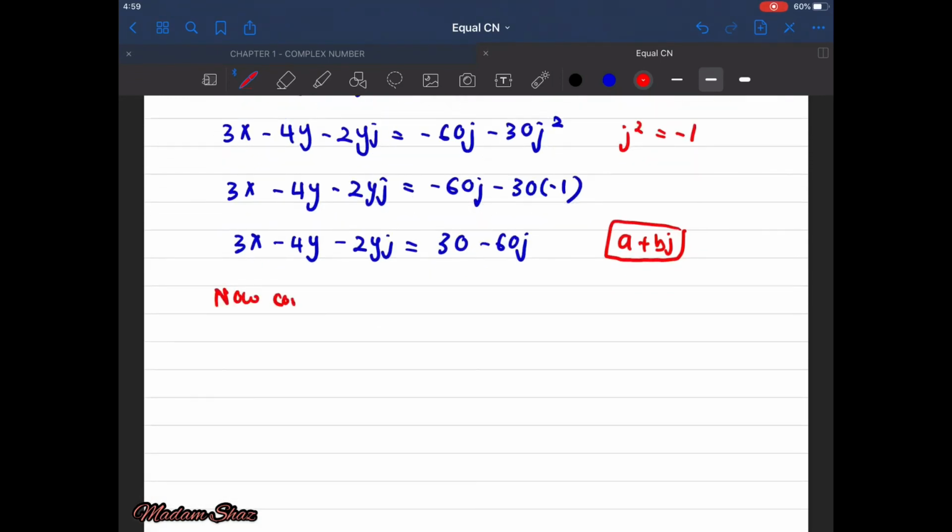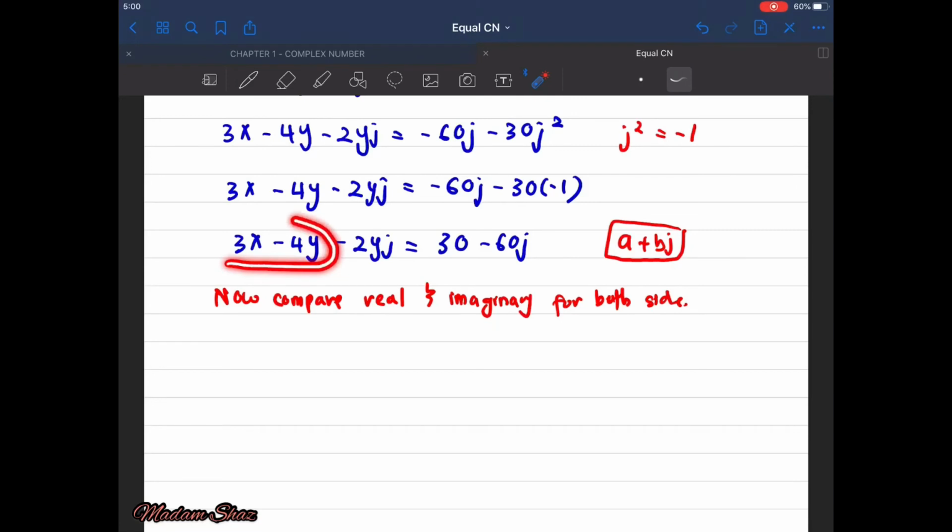Now compare the real and imaginary parts for both sides. The real number for the left hand side is 3x minus 4y, which is equal to the real number for the right hand side, 30.